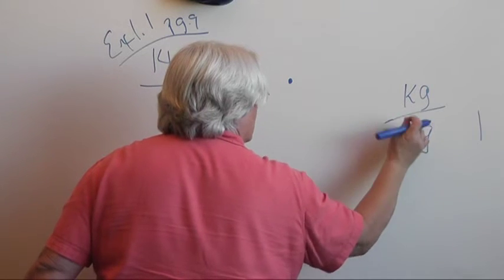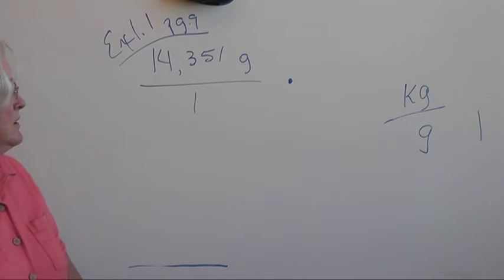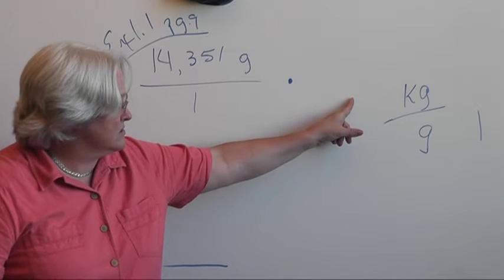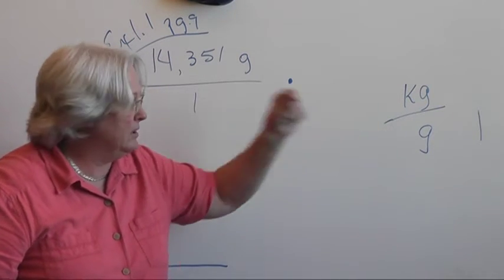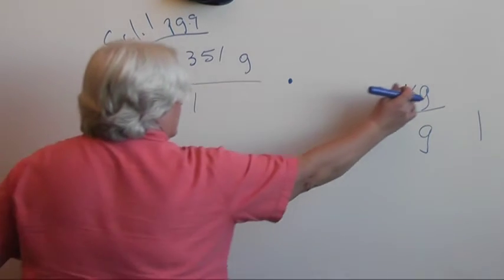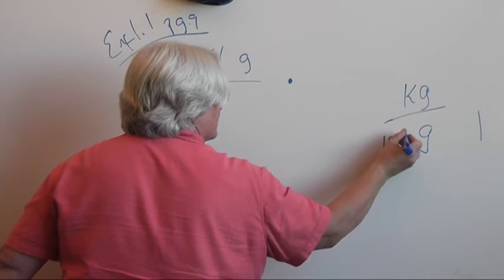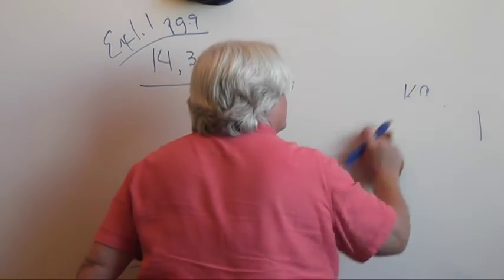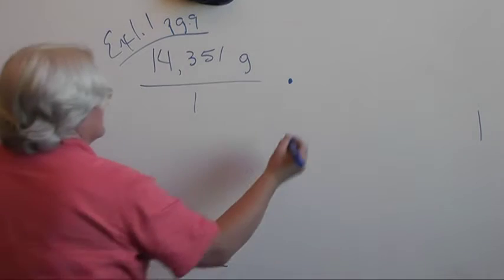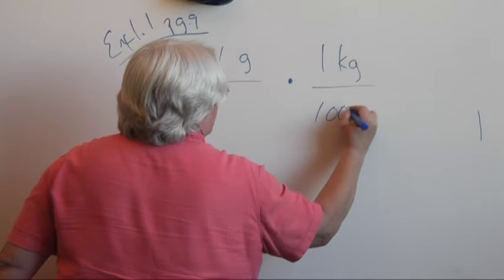Now, what does this prefix kilo mean? Right, it means 1,000. So where does the 1,000 go? Is it 1,000 kilograms is 1 gram? Or 1,000 grams is 1 kilogram? A kilogram is 1,000 grams. That's our conversion factor: 1 kilogram divided by 1,000 grams.